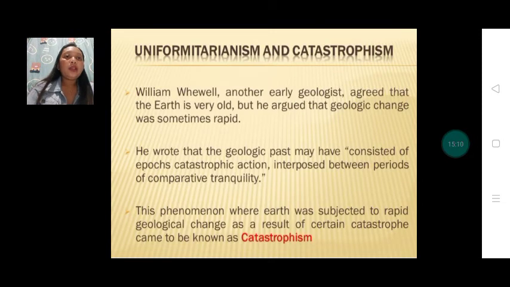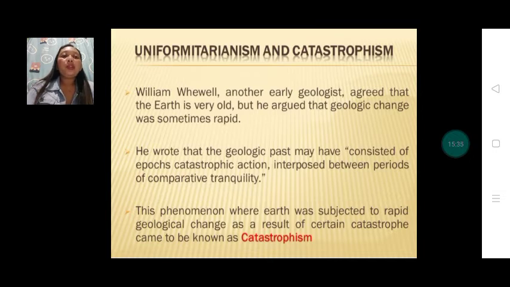Okay. So, uniformitarianism and catastrophism. William Whewell, another early geologist, agreed that the Earth is very old. But he argued that geologic change was sometimes rapid. He also wrote that the geologic past may have consisted of epochs of catastrophic action interposed between periods of comparative tranquility.